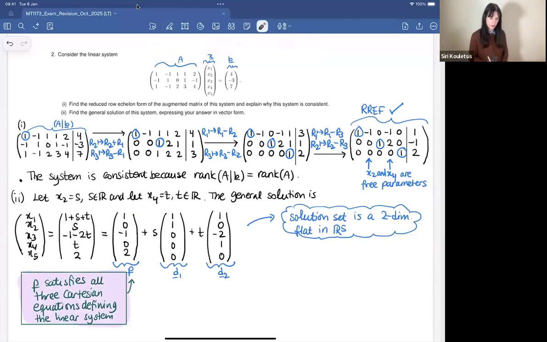And when it comes to these direction vectors, they are orthogonal to each of the normals of the hyperplanes in the original system.